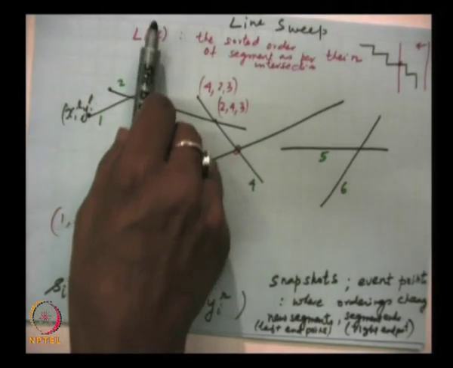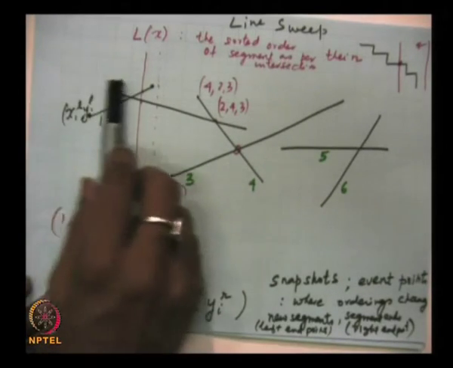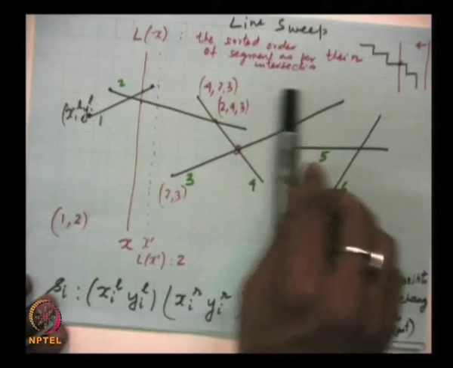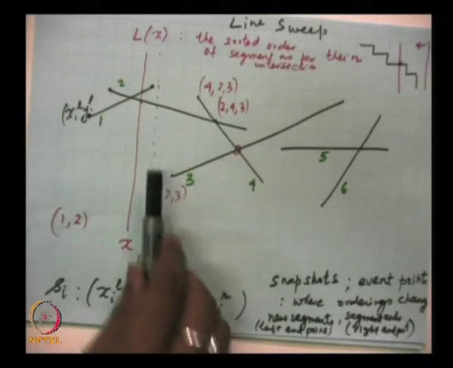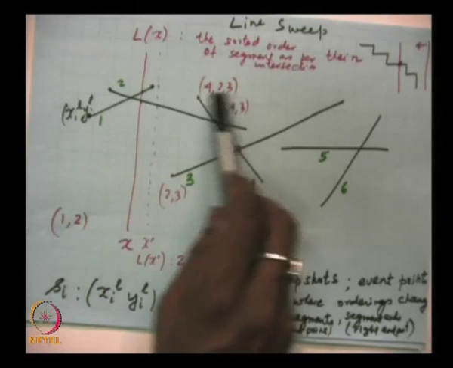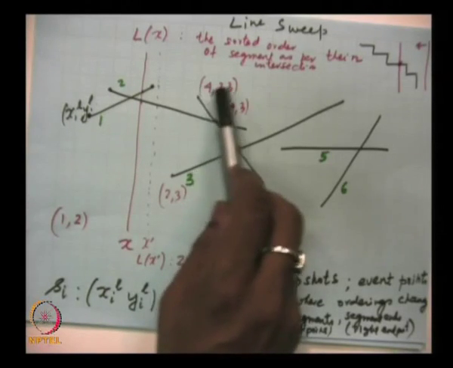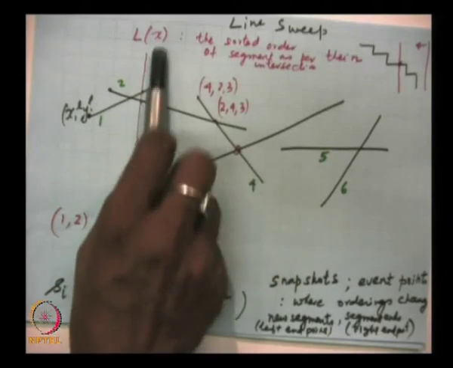So, this red vertical line is a line that we are hypothetically sweeping across this given set of line segments like this, and at any point of time the snapshot is essentially the intersection of the line segments with this vertical line, and we also maintain what is called the sorted intersections, sorted from top to bottom, of the line segments with the sweep line.